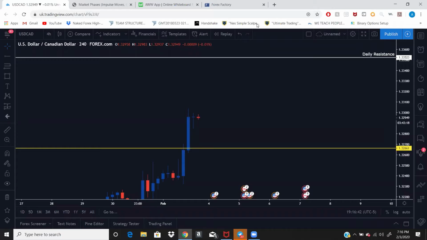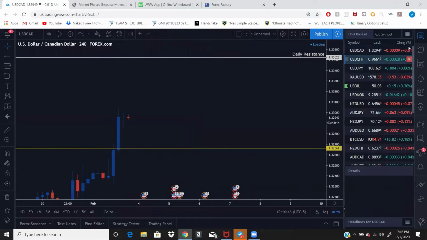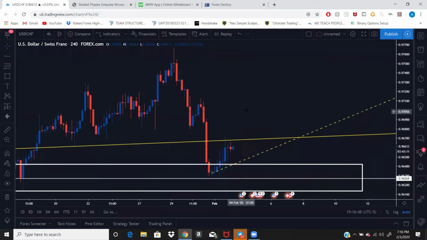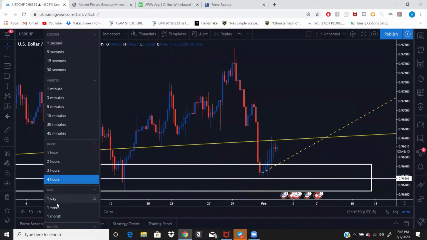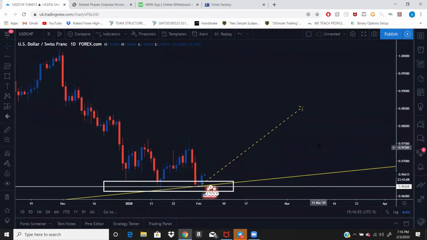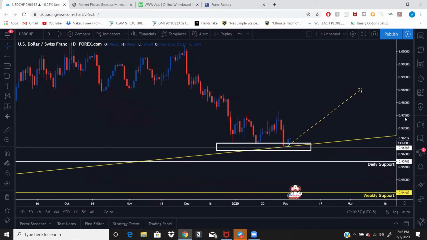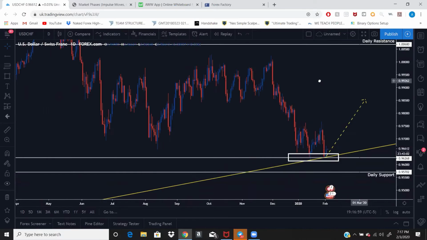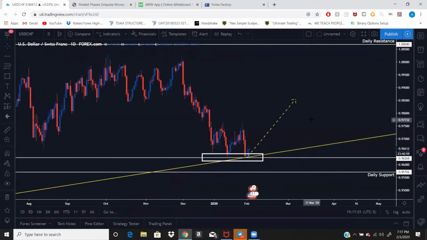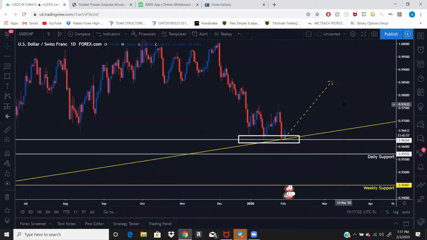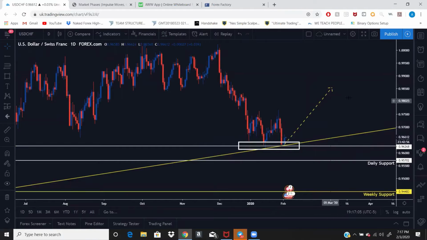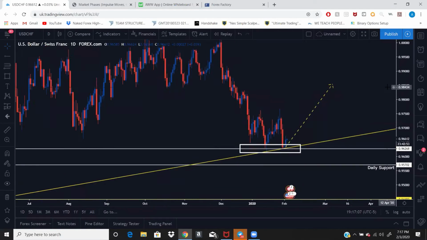Okay, USD CHF and AUD CHF, got it. Still holding both. Here we go on the daily. So I posted this chart in the price action group. Obviously, there are multiple clear reasons for me to hold this for a longer term.